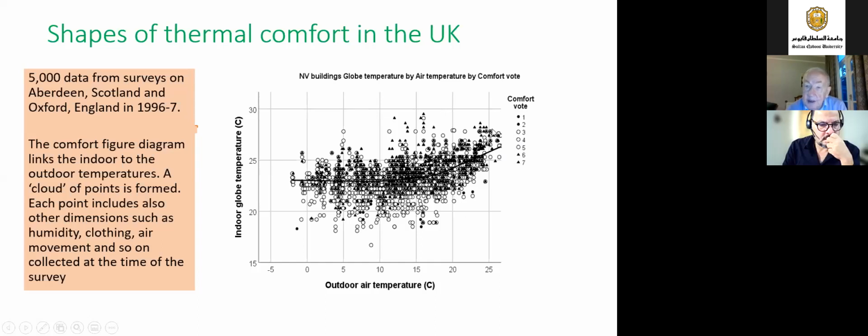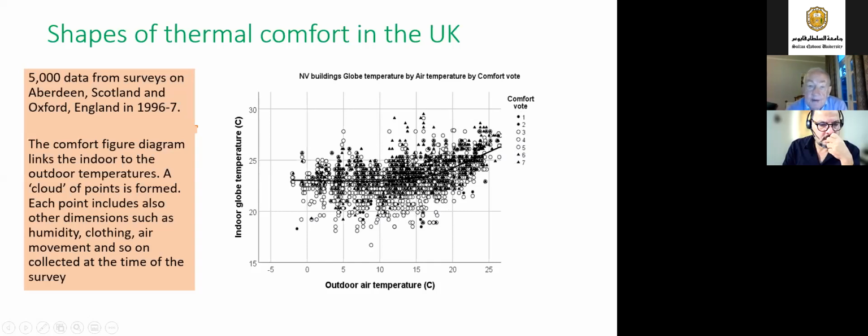And you can see that on the whole, as you'd expect, the hot ones, the triangles, are on the top part of it, and the little black circles are on the bottom part. But you do see some triangles down on the bottom part and some circles up in the top part.